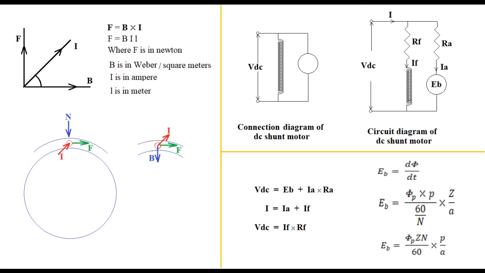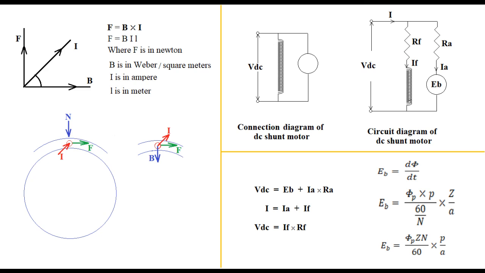We may start deriving the back EMF equation from the equation that connects back EMF with the derivative of magnetic flux with respect to time. This equation is shown on the slide. Now we will replace the numerator with the total flux crossing the motor's air gap, and the denominator will be replaced by the time taken to cross this total flux by one conductor.